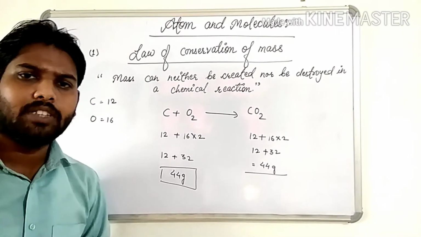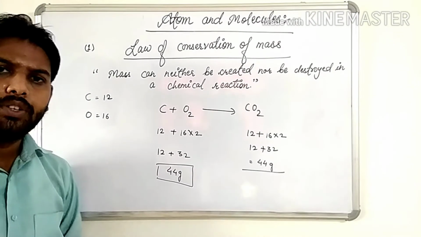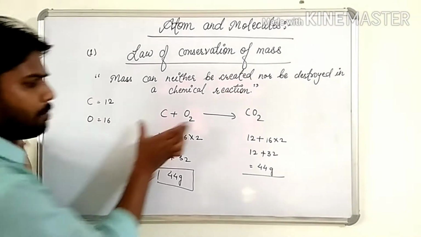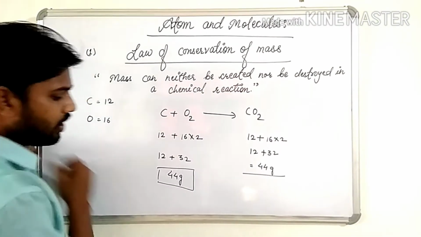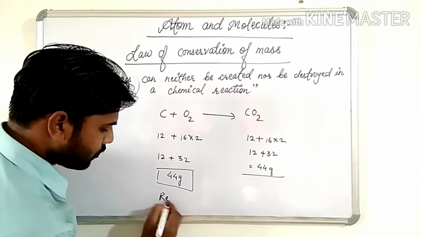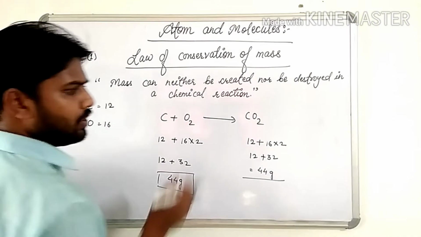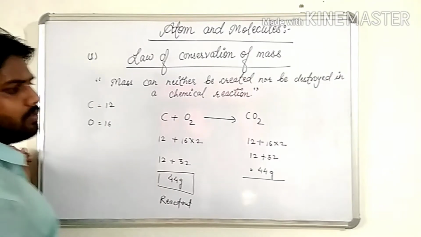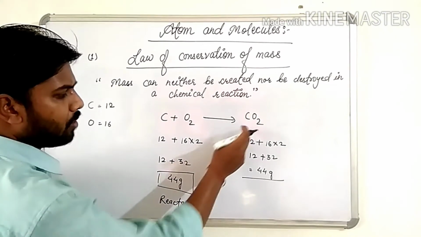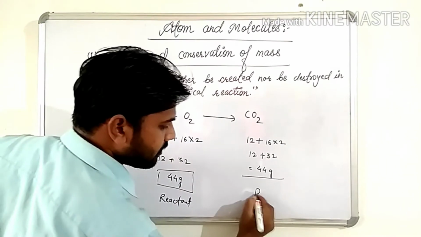Students, reactants means the substances which are going to combine with each other, they are called reactants. And the substance which is formed as a result is known as the product.